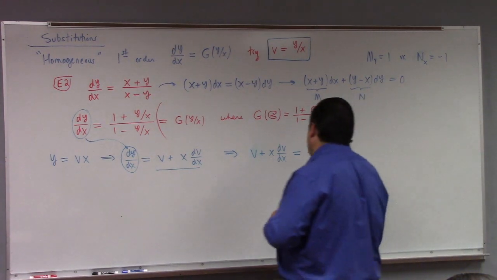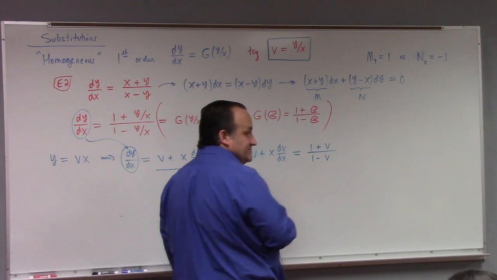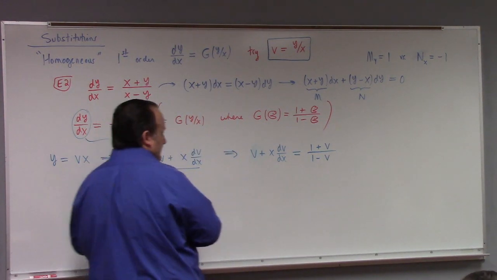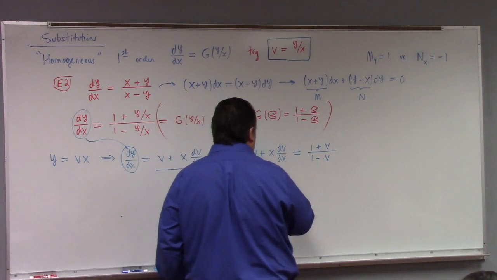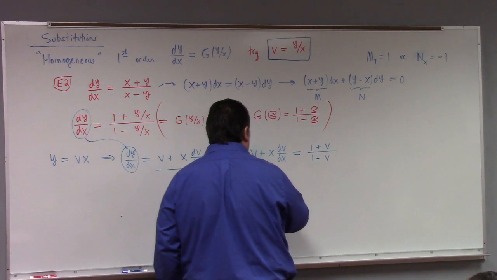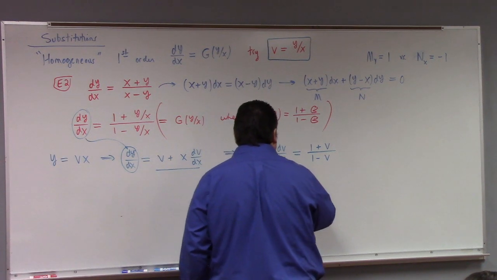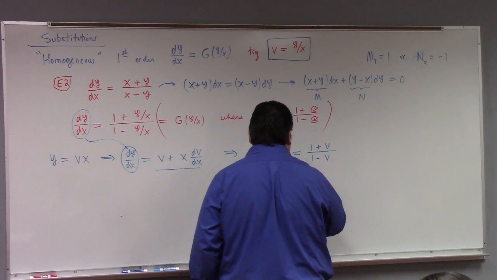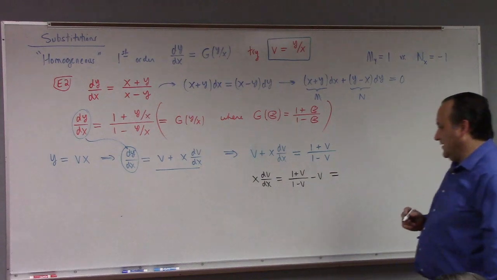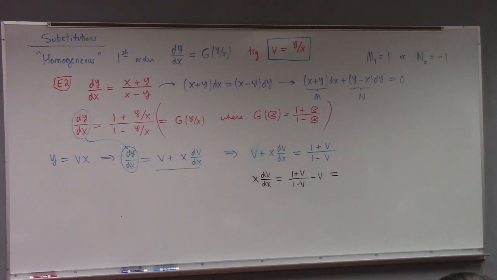I heard a cautious yes. Is it? It looks close to an integrating factor. I don't know yet. I'm going to have to work out things a bit here. So we've got x dv/dx is equal to (1 plus v over 1 minus v) minus v, which I think I can make a fraction out of, right?